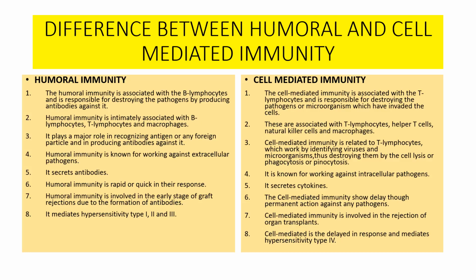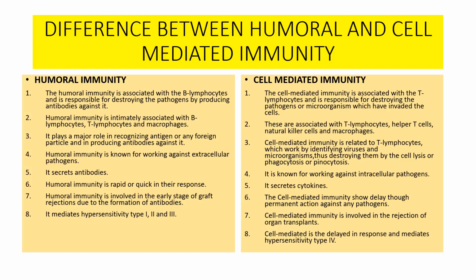Humoral immunity is intimately associated with B lymphocytes, T lymphocytes, and macrophages, whereas cell-mediated immunity is associated with T lymphocytes, helper T cells, natural killer cells, and macrophages.